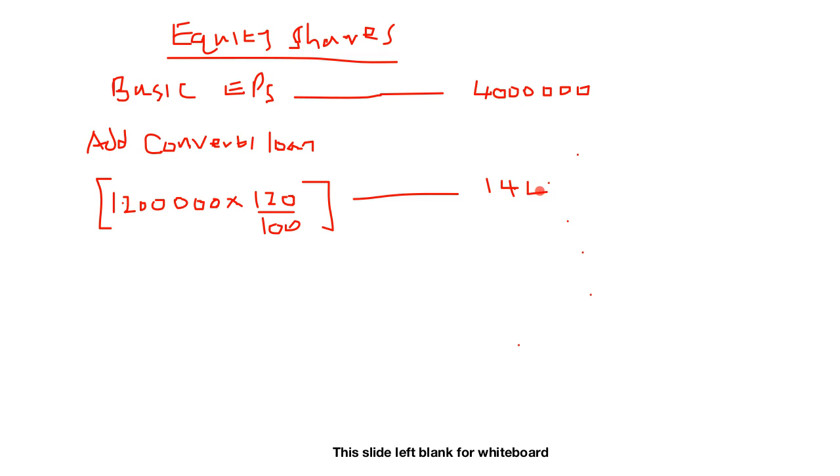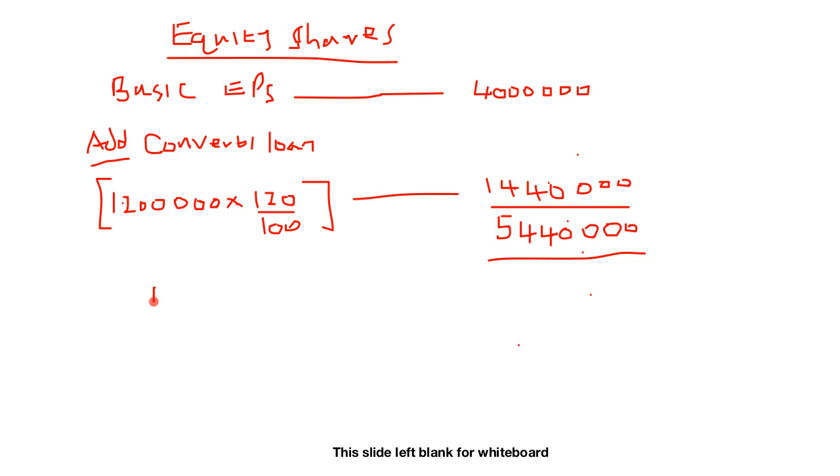We have Cosmas Kipleting, so that is 1,440,000. So we were adding this to the 4 million ordinary shares. So that will be 5,440,000. So that is what we'll consider as our WANOS in this case.